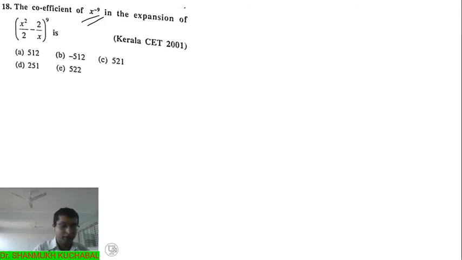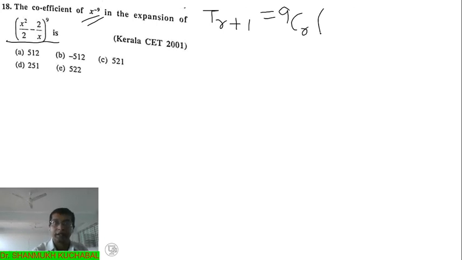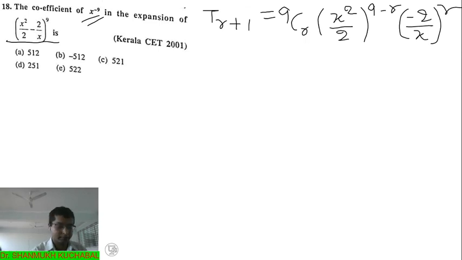Okay, so first looking at this, we will write the general formula: t r plus 1 equals 9cr, next (x squared divided by 2) raised to n minus r, that is 9 minus r, next (minus 2 divided by x) raised to r.